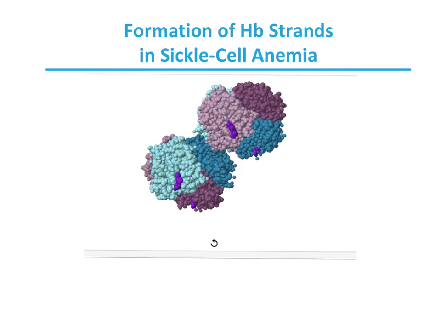So now that's formed an octamer, so it's two of these hemoglobin tetramers, and this can continue to bind to other tetramers via additional valine hydrophobic pocket interactions, which then results in strands that deform the red blood cell, giving it a sickle-like appearance.